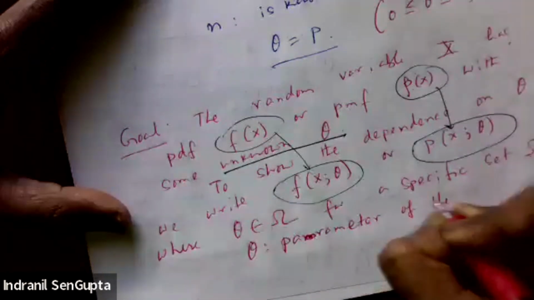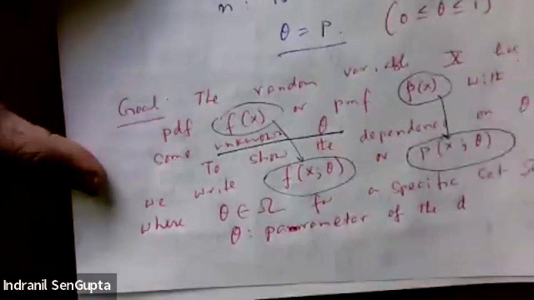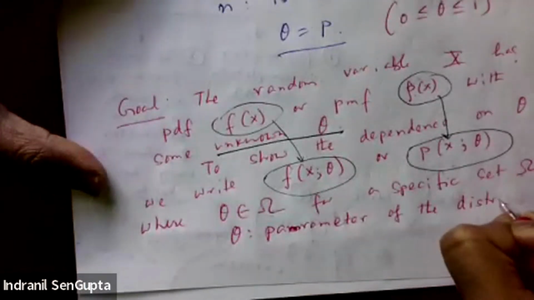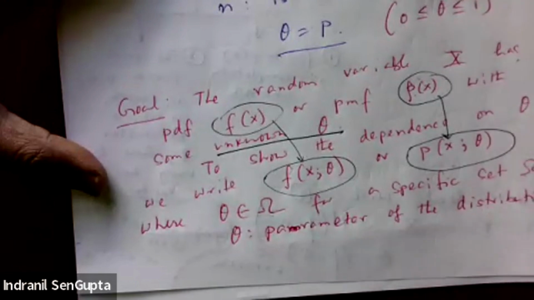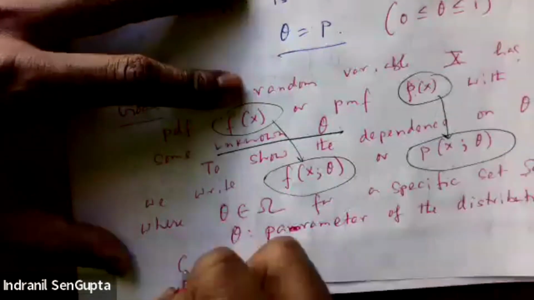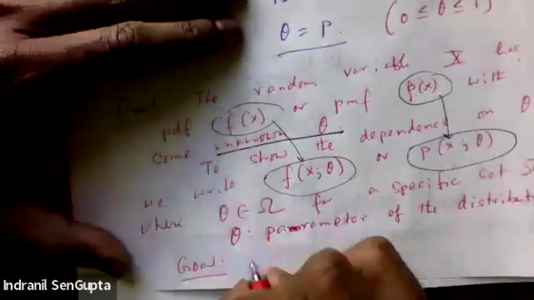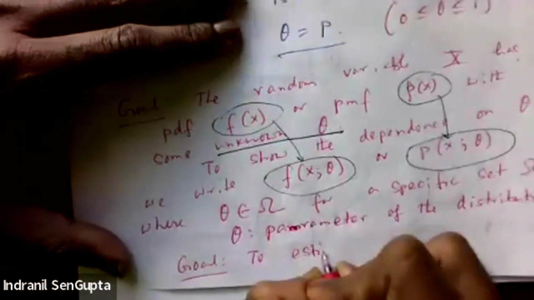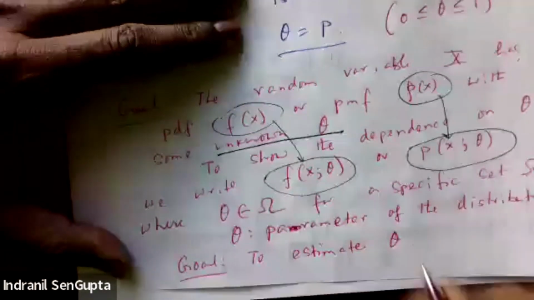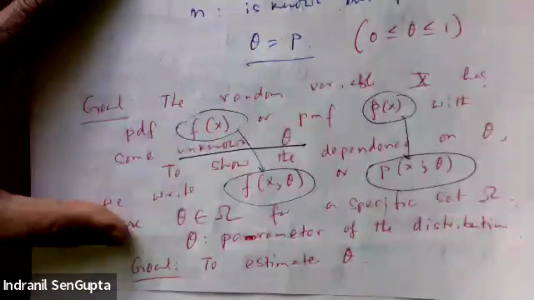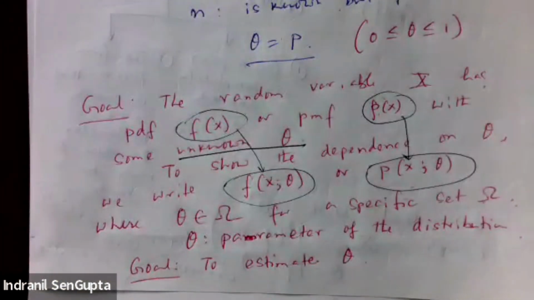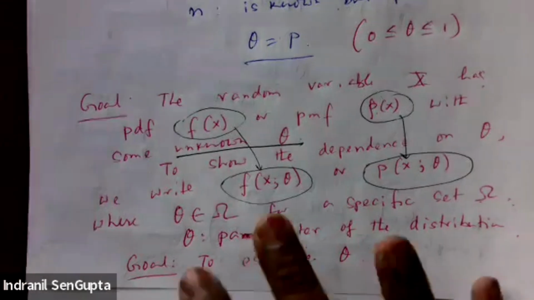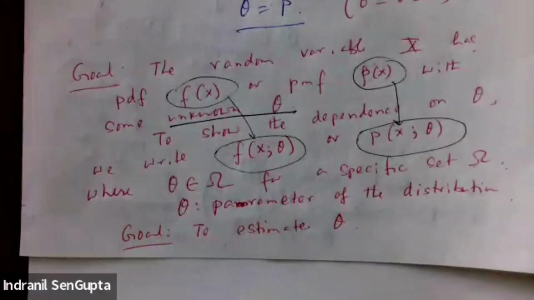Of the distribution. And the goal, which I wrote before, is to estimate theta. This is the real statistical analysis in the sense that in real life we see a bunch of data, and our real goal is to find the distribution.